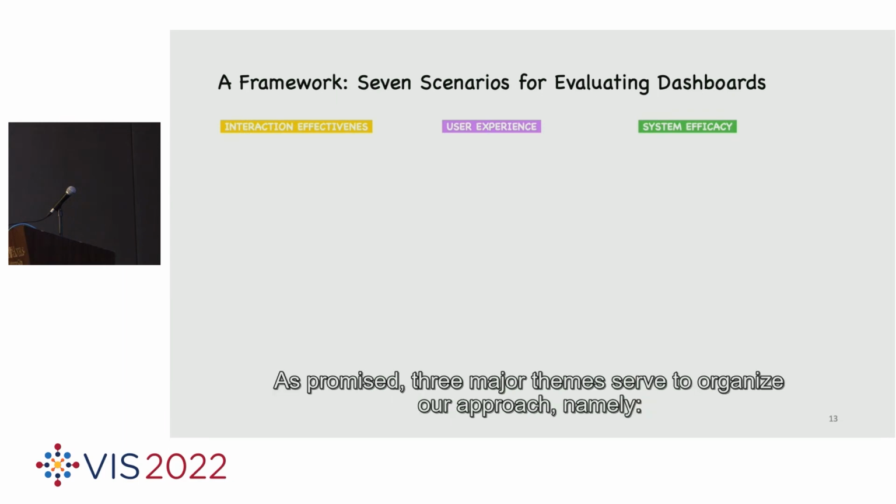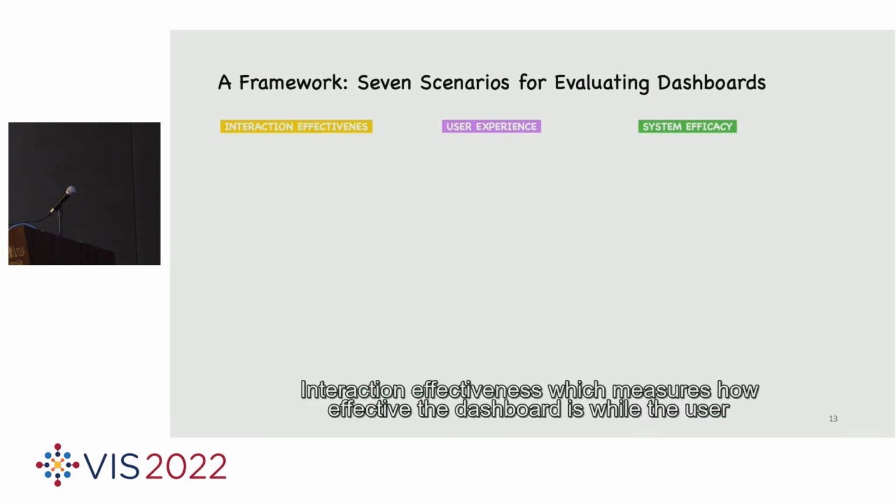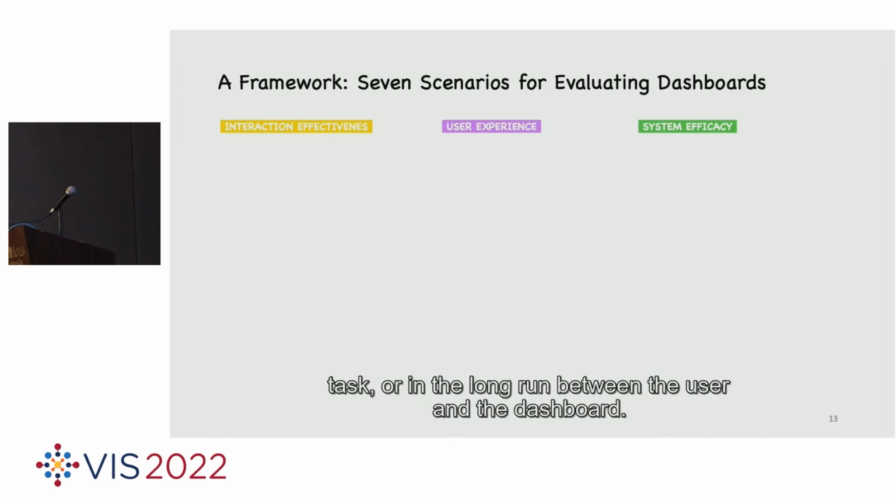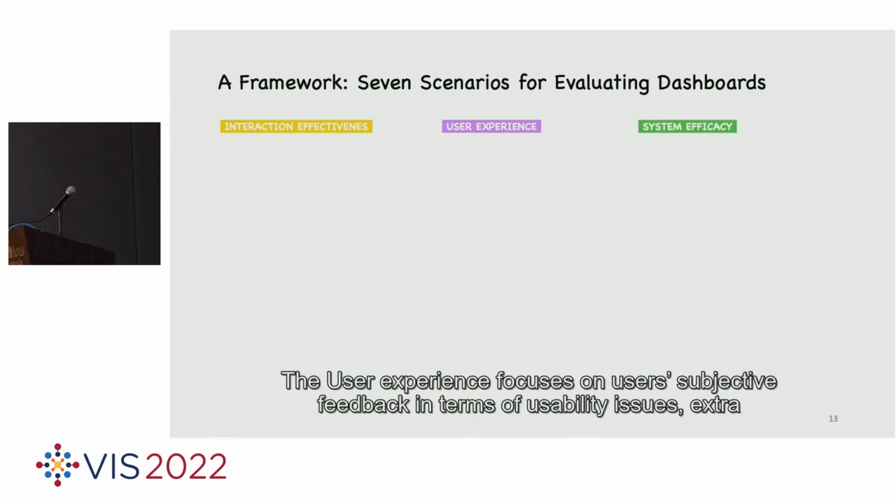As promised, 3 major themes serve to organize our approach, namely interaction effectiveness, which measures how effective the dashboard is while the user interacts with it, focusing on how the interaction develops, the effects of interaction on a task, or in the long run between the user and the dashboard.